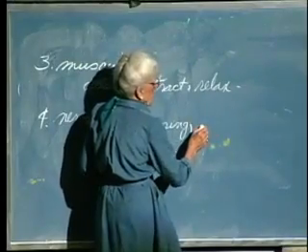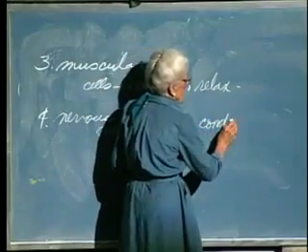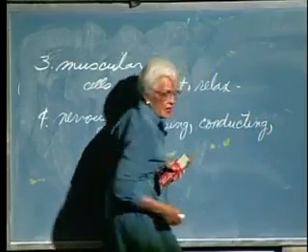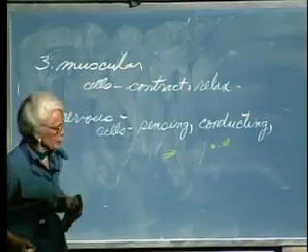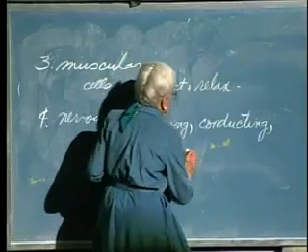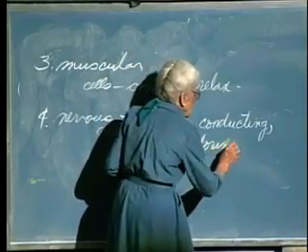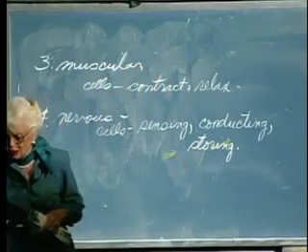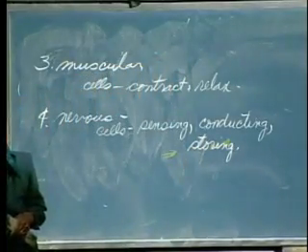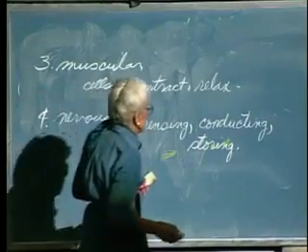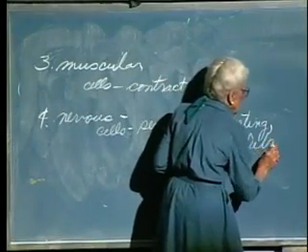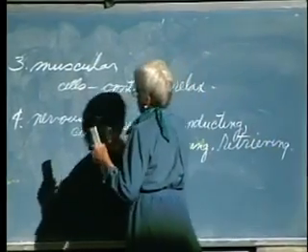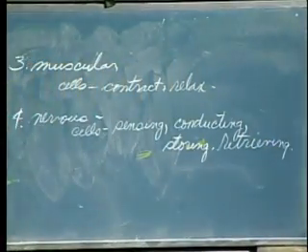They will be conducting, and they will be storing. And it doesn't do any good to store if we don't know how to retrieve. That's the real question. How do we retrieve information? Retrieving. So these are very complex, phenomenal cells, our nerve cells.